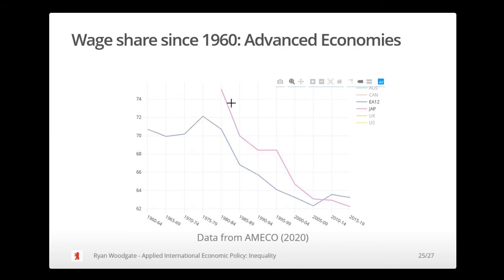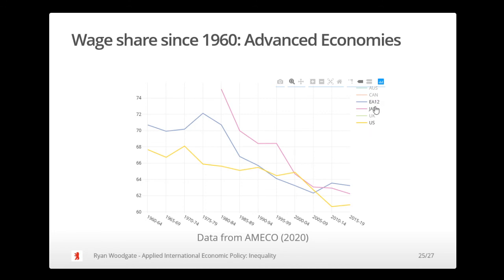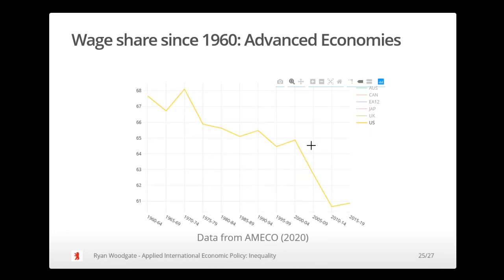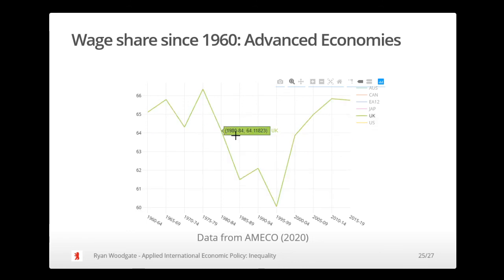Japan, again, remarkable downward shift. So the laborers are getting less of national income, and the US, as is typical with all inequality measures, has become much more unequal as well. The only country in the analysis I found was relatively stable, at least in recent years, is the UK.